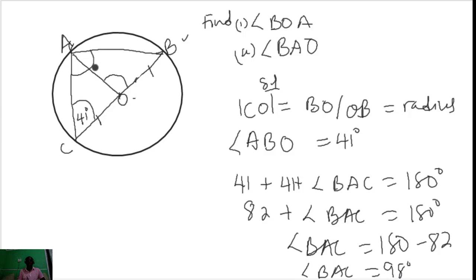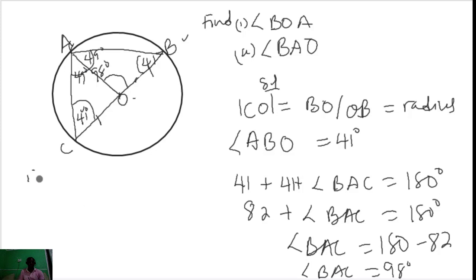So here we will get 98 degrees. Because this is 41, this is 41, we divide the 98 by 2, which will give us 49. So here will be 49 degrees. This side will give us 49 degrees.